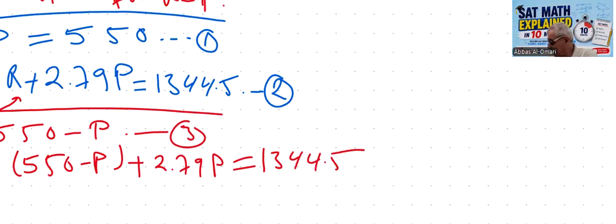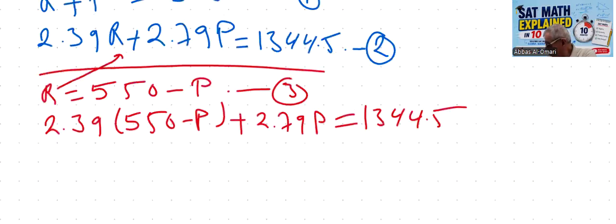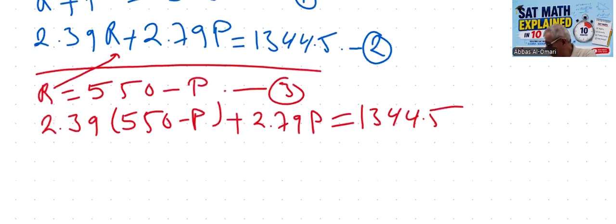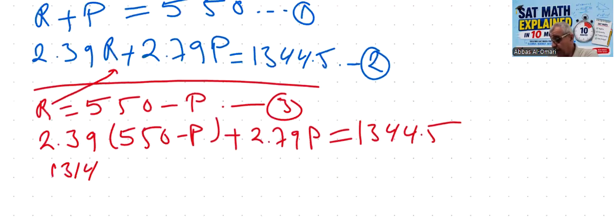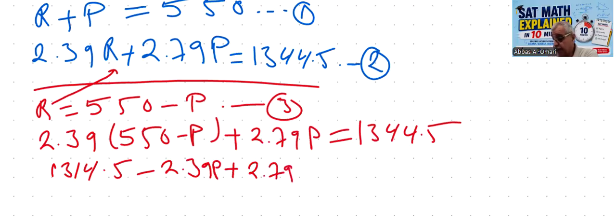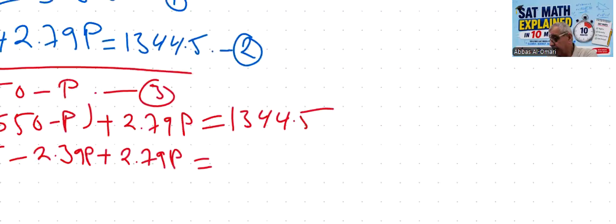We do the multiplication: 2.39 times 550 is 1314.5. So 1314.5 minus 2.39 P plus 2.79 P equals 1344.5.